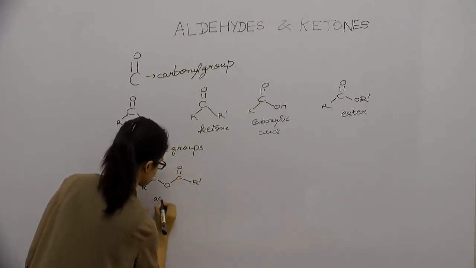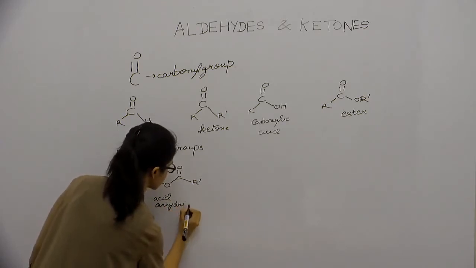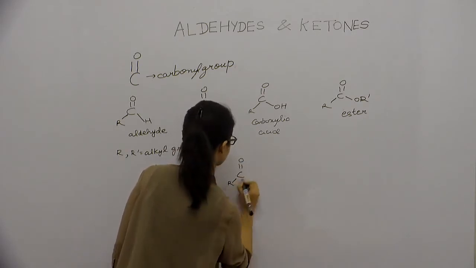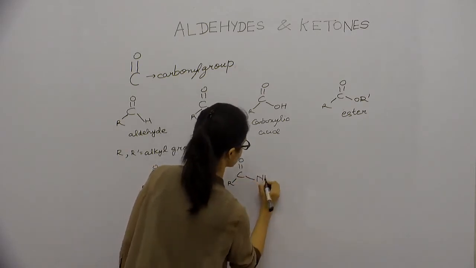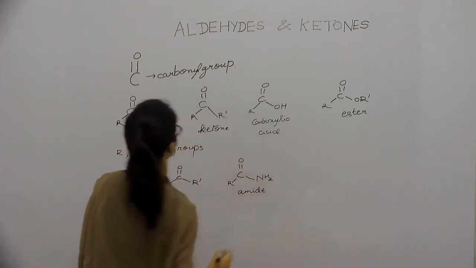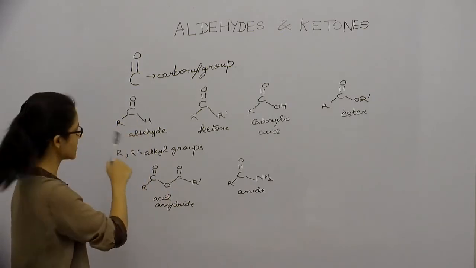This is acid anhydride. Then we have C double bond O, R, NH2. This would be amide. So we have all these groups. All these are carbonyl groups, carbonyl compounds.